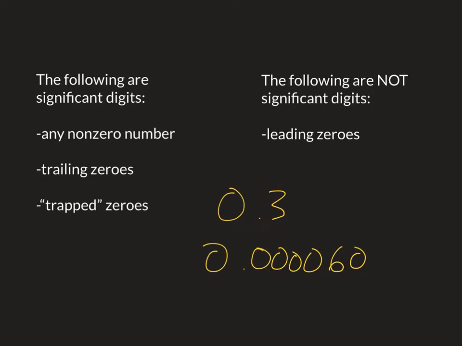And one other rule that I added to the PowerPoint, but I don't have a little slide on it in this one, is that exact numbers can technically have an infinite number of significant digits. All I mean by an exact number is something like a count. Like if you were to count the number of students in a class, and you go, oh, there's 40 students in here.